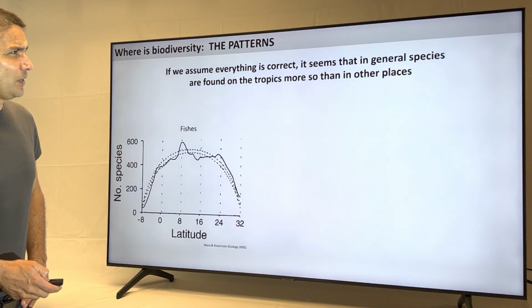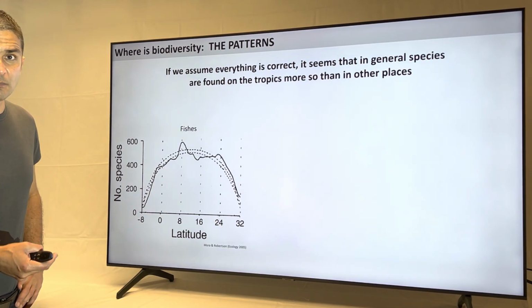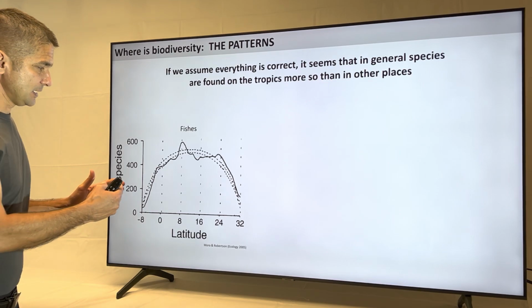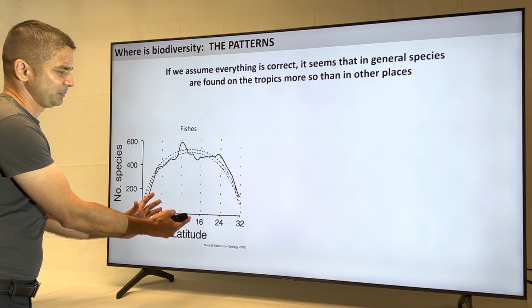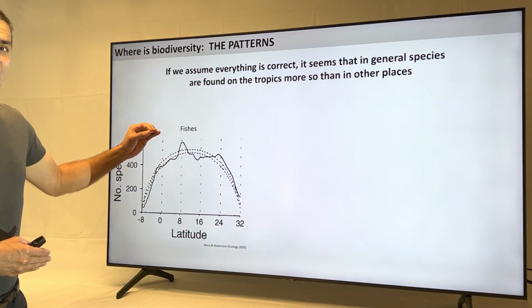So again, if we assume that everything is correct, which we know is not, but we gotta keep moving given the data that we had, the general conclusion is that there is a generality to the pattern of species richness, which is for the number of species to peak in the tropics.